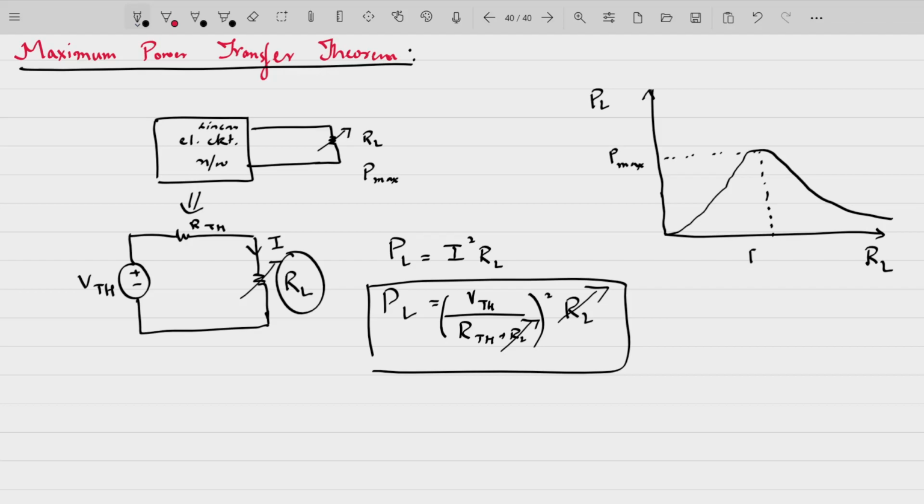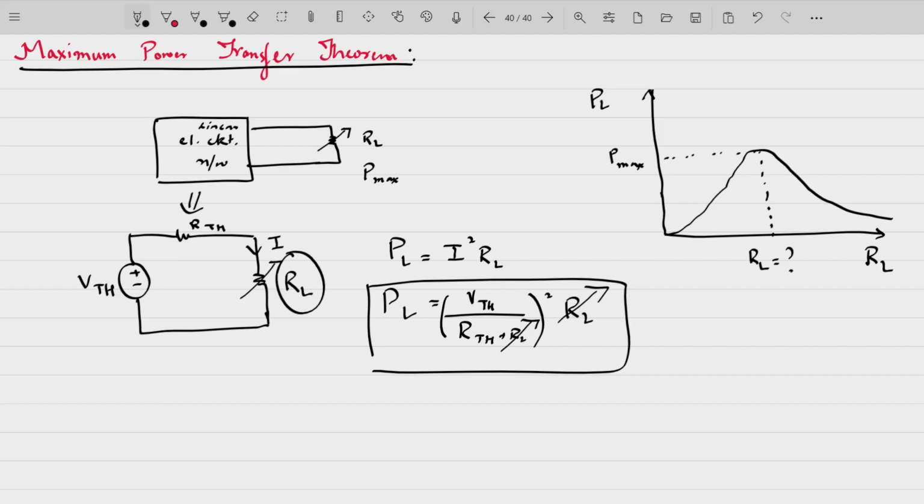Now, what is this point that we have to actually find out? What is the value of RL at this point at which maximum power is being delivered to the load? That's actually what the maximum power transfer theorem is. So first of all, we had this linear electrical circuit network. We got a Thevenin's equivalent of that network. From that Thevenin's equivalent, you can find out the power being delivered to the load.